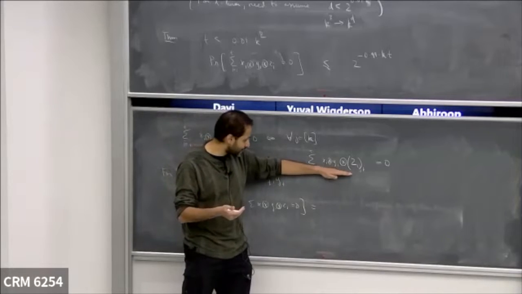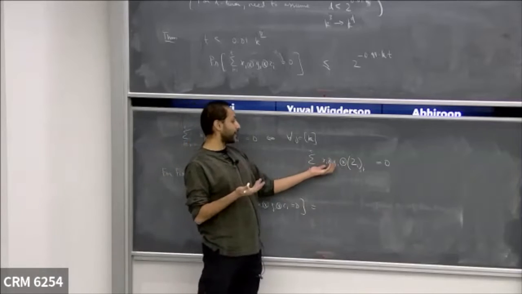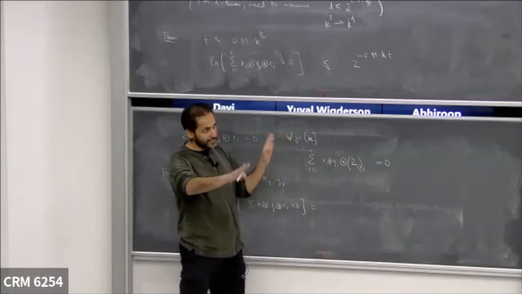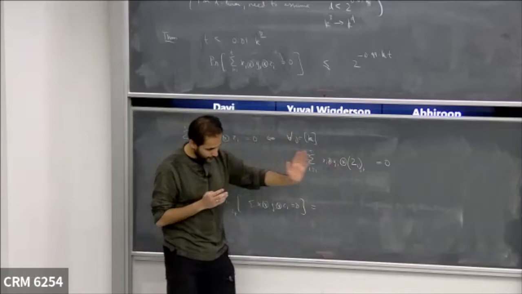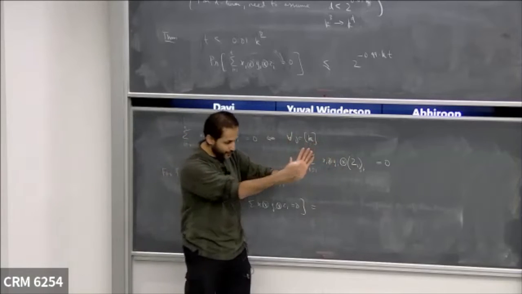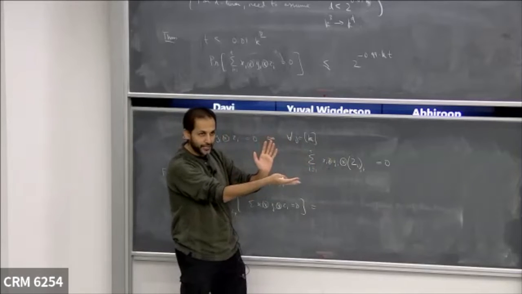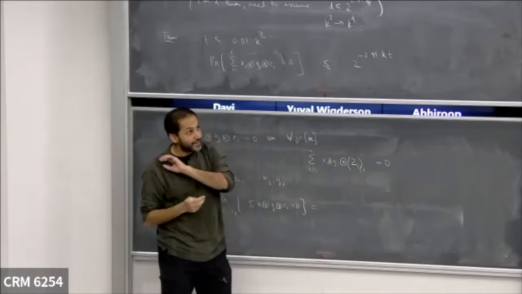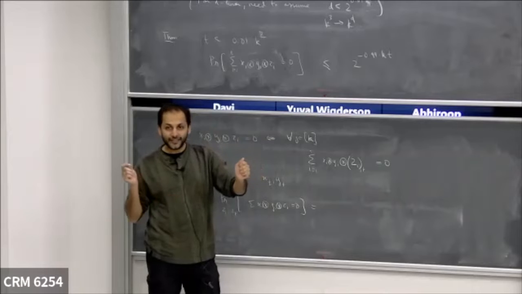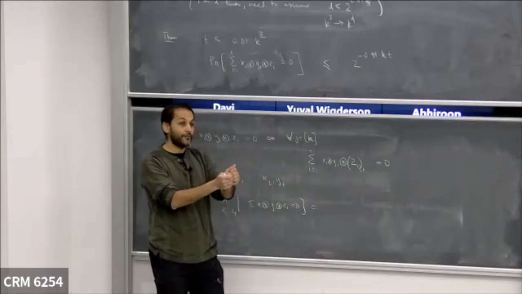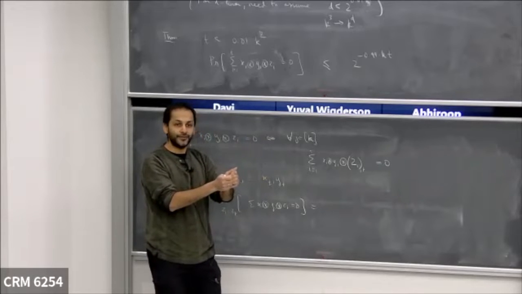What's the probability that this happens? It looks like I have a whole bunch of matrices, xi tensor yi. I'm going to give random coefficients to each one of them and ask what's the probability that that linear combination ends up being 0. When I have a bunch of vectors and I give them uniformly random coefficients and add them up, what's the probability that that sums to 0?